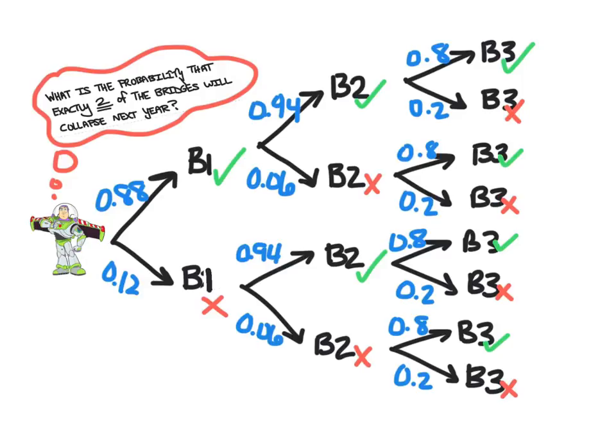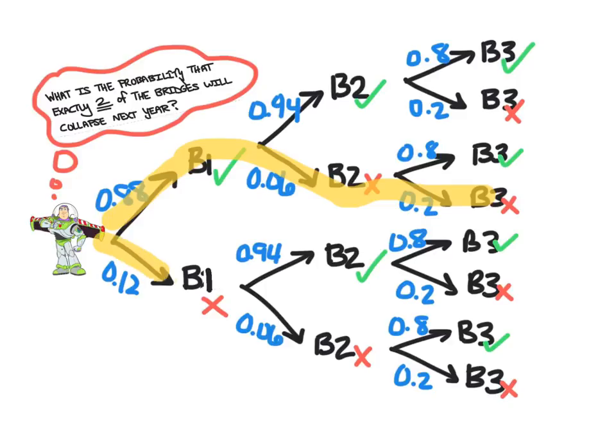And now we can consider the actual question. So recall that the question was, what's the probability that exactly two of the bridges will collapse next year? So what we have to do is take our highlighters, and we go through these branches and highlight all the branches that include two bridges collapsing. So for example, we can say that Bridge 1 stays up, and therefore I need Bridge 2 to collapse and Bridge 3 to collapse. So there's my first branch where I'd have exactly two collapsed bridges.